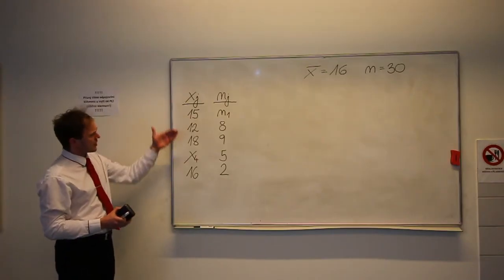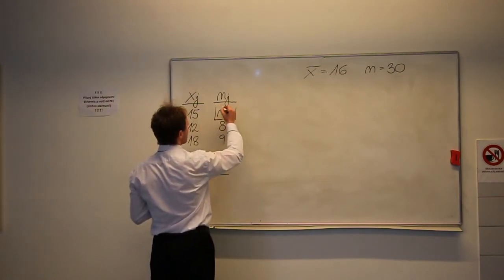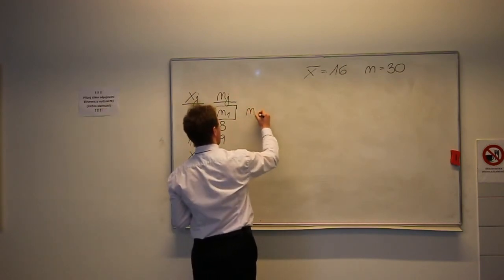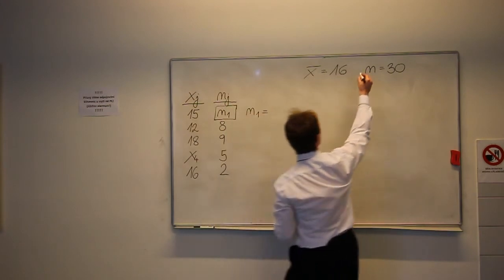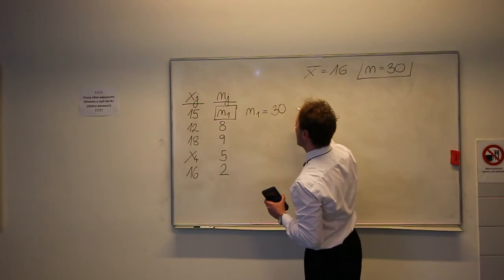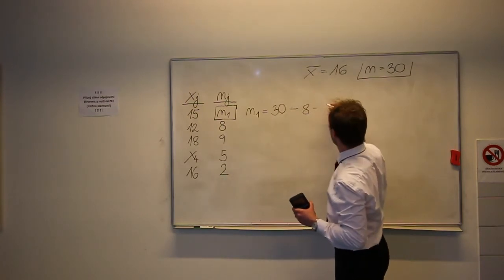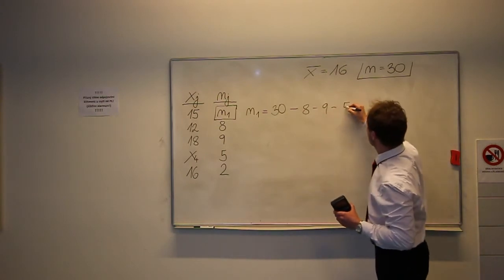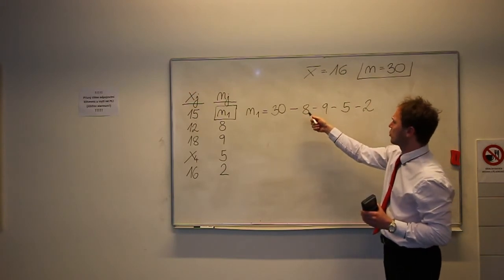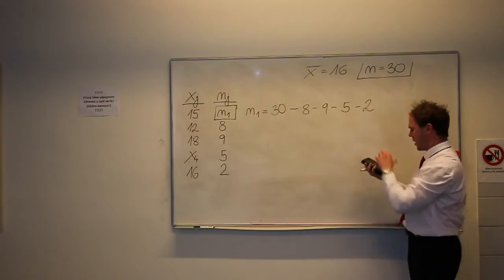Okay, so this is our data set, and firstly it will be good to calculate this unknown n1. n1 will be equal to the total number of observations, 30, minus everything else that I know: 8 minus 9 minus 5 and minus 2. 30 minus 8 is 22. 22 minus 9 is 13.